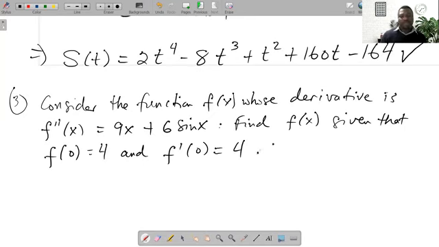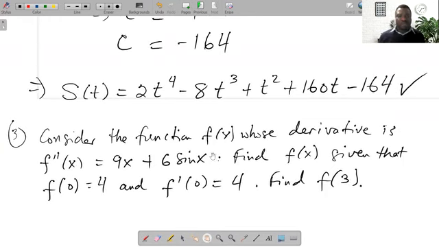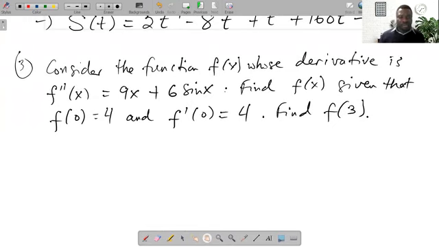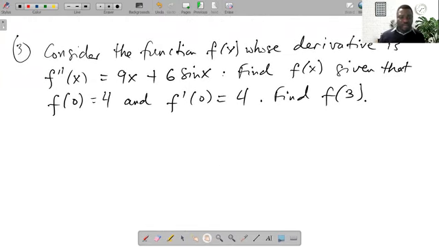And then it says find f of 3. So this is pretty much similar to our previous example on the velocity position thing here. So we're going to apply the same idea.